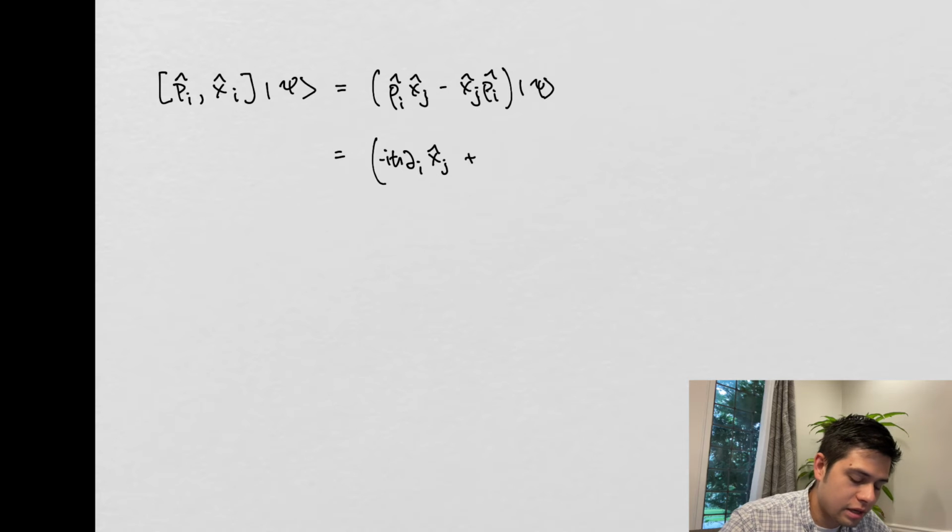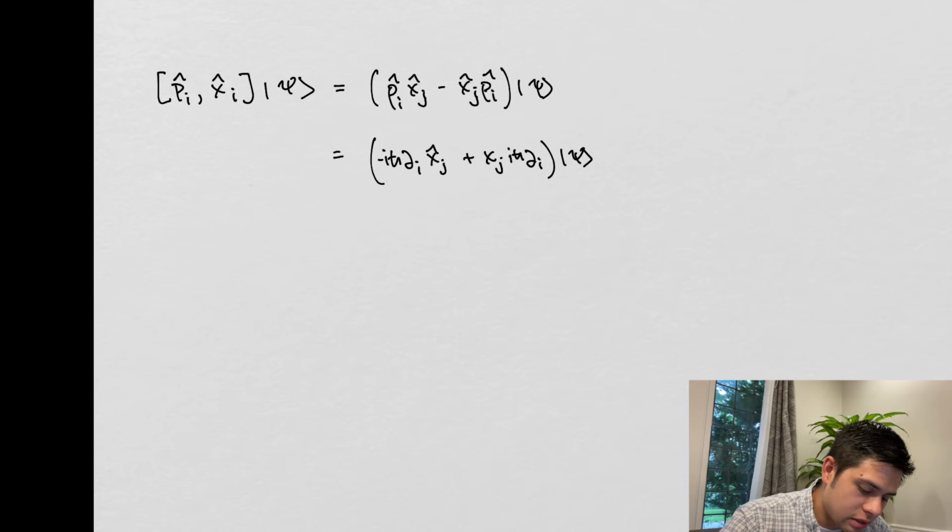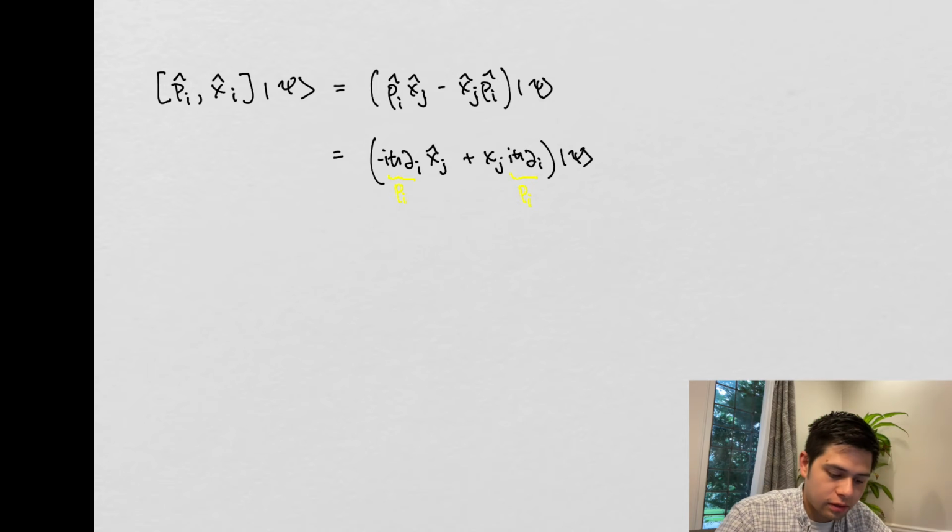This is going to be plus x_j minus i h-bar d_i.